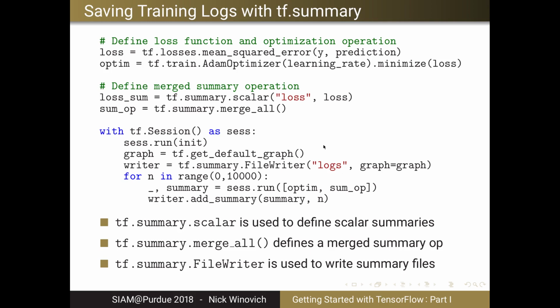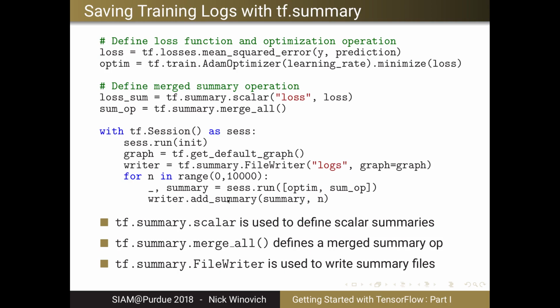And that will compute the summary, but we want to actually write this to a file. We first get the graph, so just get the default graph. It may do this automatically. I'm not 100% sure, but in this case, this will work. If you get the default graph, pass that to the file writer, tf.summary.FileWriter, and give it the name of the directory you want to save it into, in this case logs.